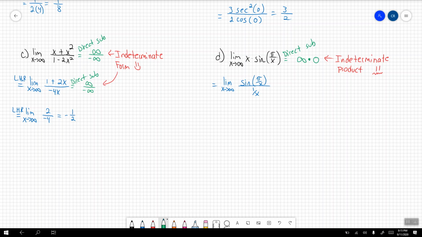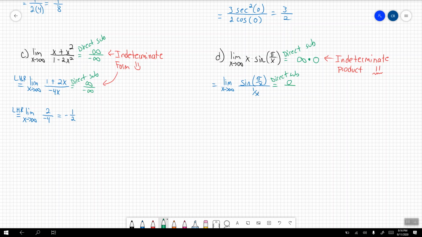Therefore, if I can try a direct substitution at this point, so let's try that direct substitution. Again, as the x value for the argument tends to infinity, pi divided by x tends to 0, therefore sine at 0 will be 0. X tends to infinity for my denominator here.